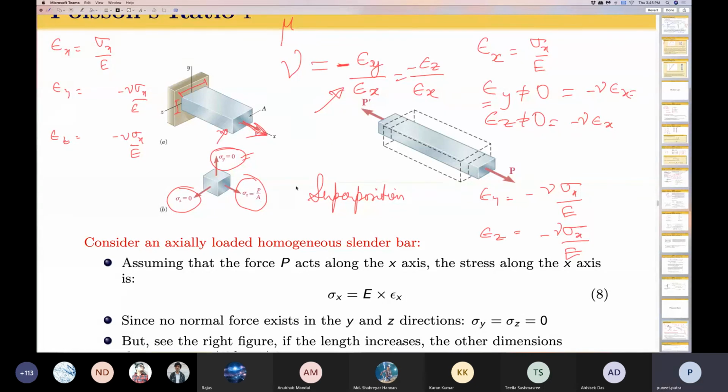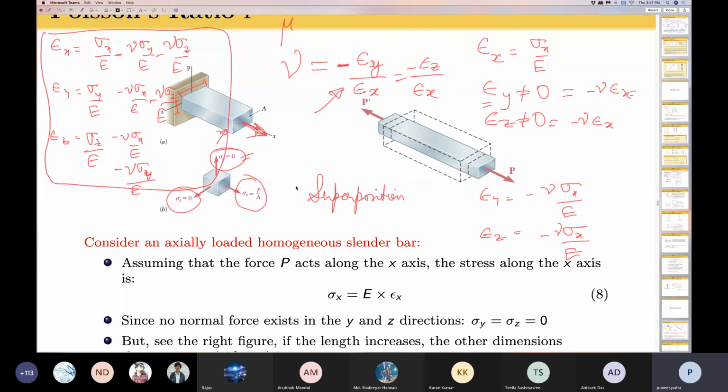So if I now add the effect of sigma y, just by looking at this equation, I can see that epsilon y is going to be equal to sigma y by E, and epsilon x is now going to be equal to minus nu sigma y by E. Epsilon z will have an additional term, minus nu sigma y by E. And if sigma z is also not equal to 0 now, you would have sigma z by E here, minus nu sigma z by E here, and minus nu sigma z by E also here.